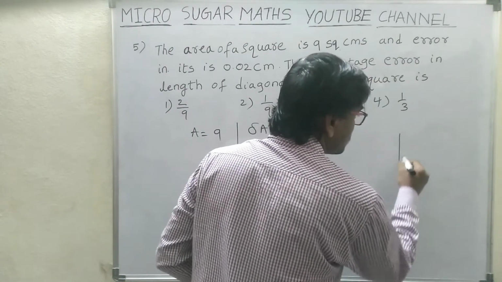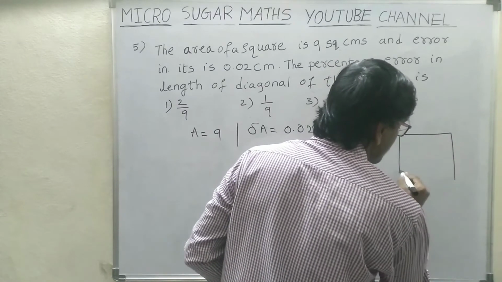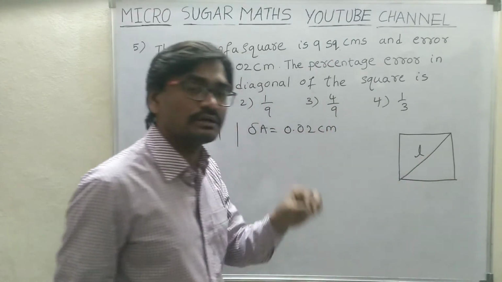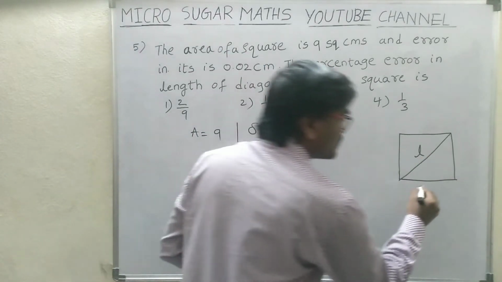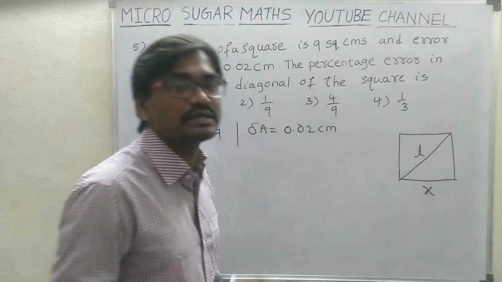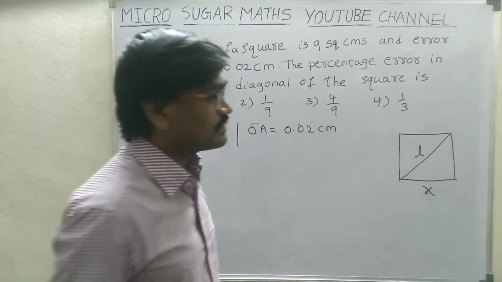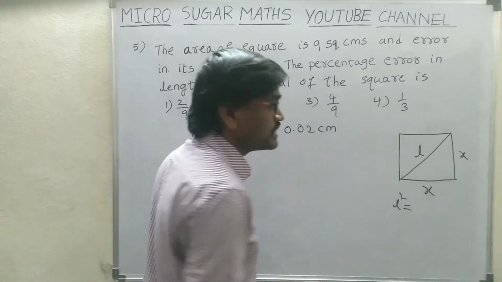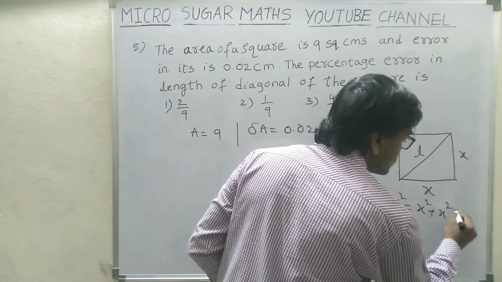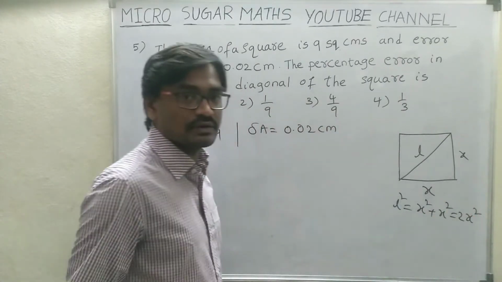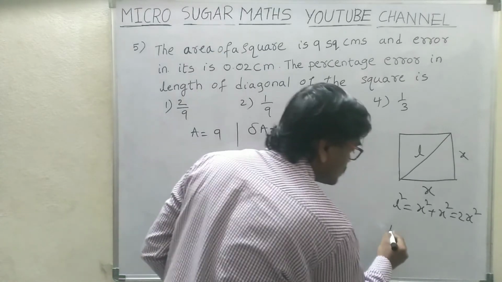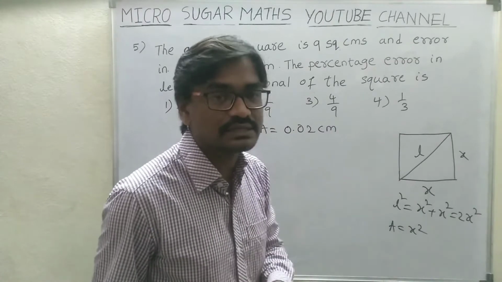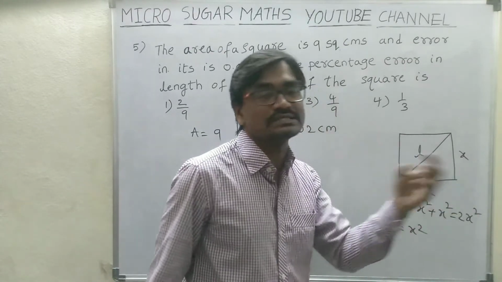First of all, let us take a square. It is your diagonal. Let its length be L. Now students, let x be the length of the side of the square. Then the L square value is x square plus x square, means 2x square. What is the area of the square? A is equal to x square.